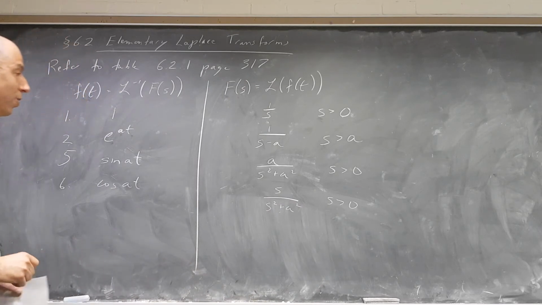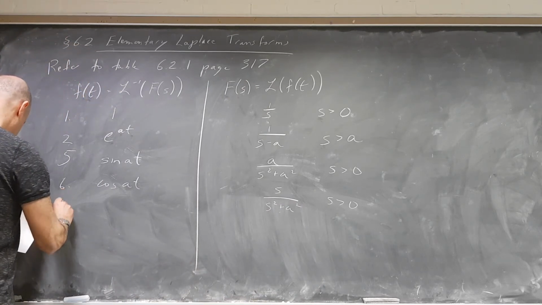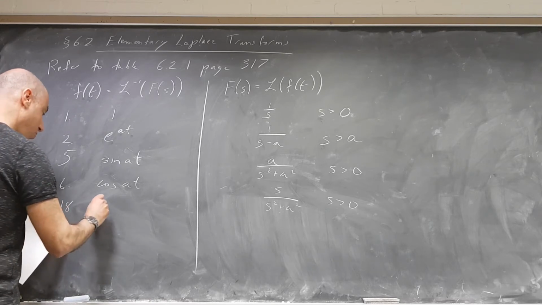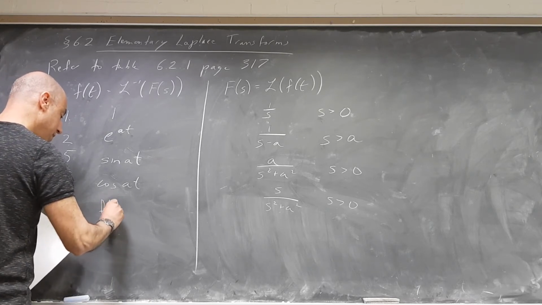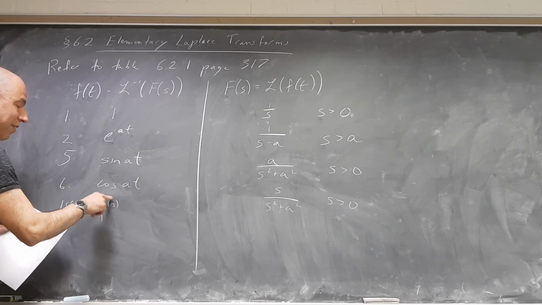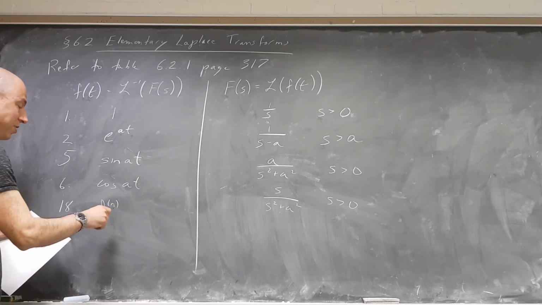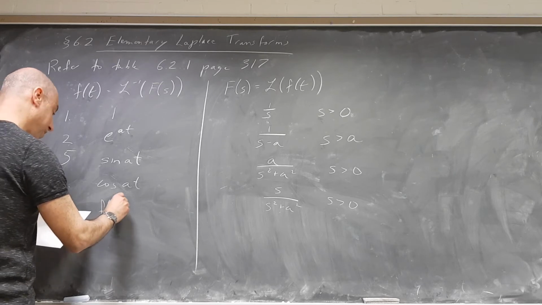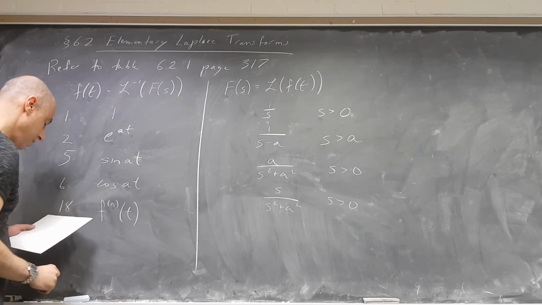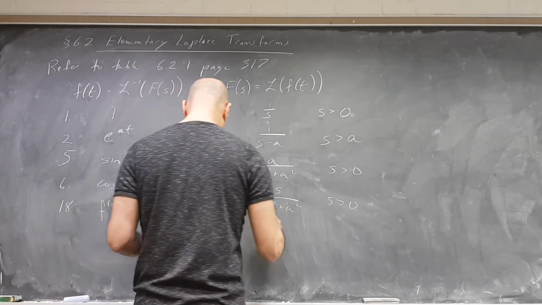And I want to tell you one more line in this table, and that is line 18, where we have the nth derivative. Remember, when you have something that looks like an exponent, but the exponent is in parentheses, it actually means the nth derivative. And this, you have quite a long expression.